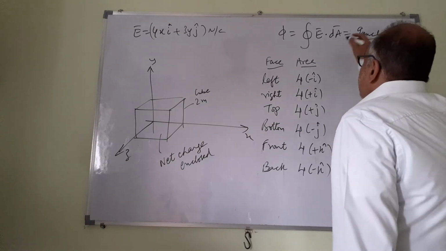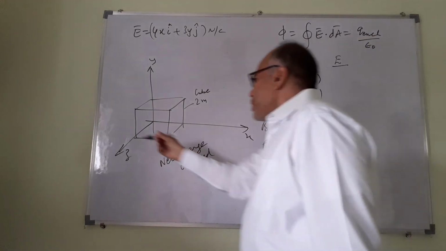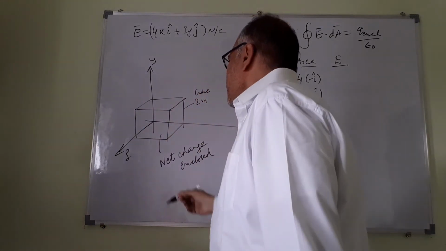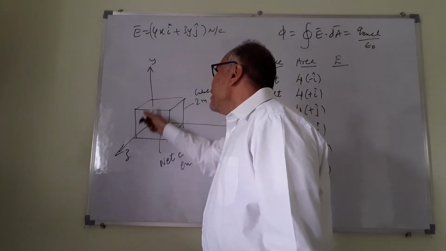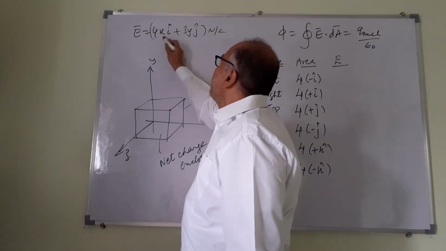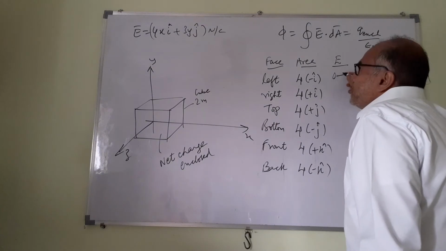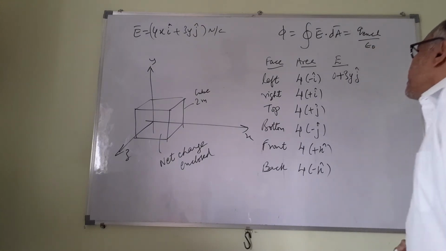Now let us write how much is E. For the left face, the x coordinate is 0. So if you put x equal to 0, this will vanish, but the y coordinate keeps changing. So it will be 0 plus 3yj. That is the electric field.